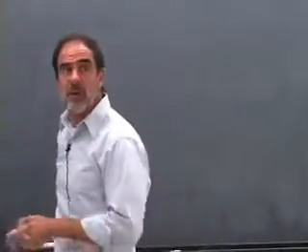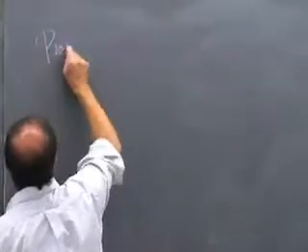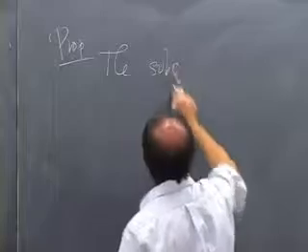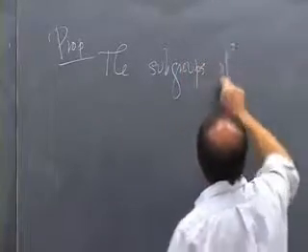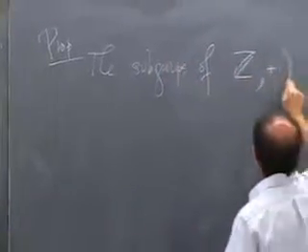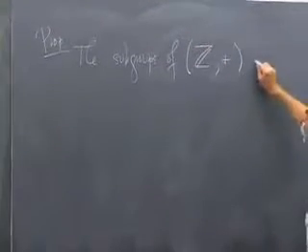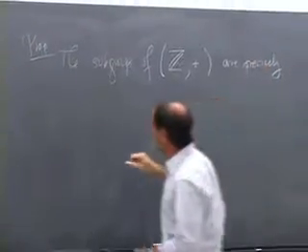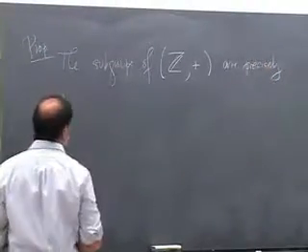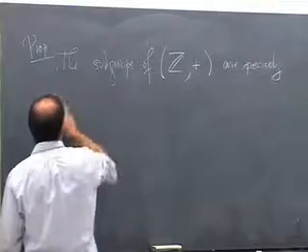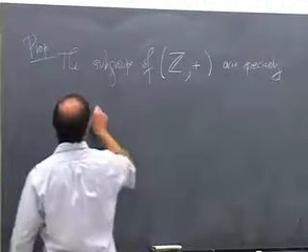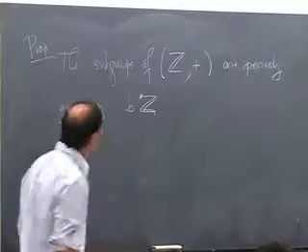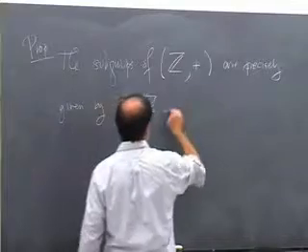So here's a proposition I'll prove for you. Proposition. The collection of the subgroups of the integers under addition, that's an abelian group, are precisely given by bZ, all multiples of a fixed integer under addition.